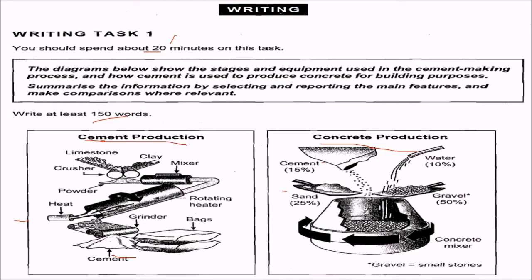So these are the production stages, the procedure, and the materials that combine to form cement. And this is concrete, the percentage-wise distribution of the various constituents that combine to form concrete. So you have to write this in 150 words.